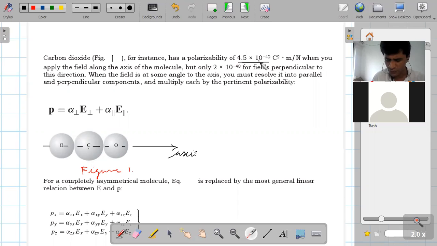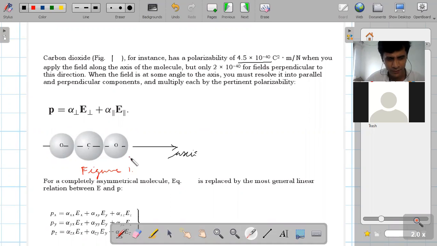What is the total value? The total value is 4.5 into 10 raised to minus 40. And when you are applying the field along the axis, out of this only 2 into 10 raised to minus 40 is perpendicular to the direction. Understood?